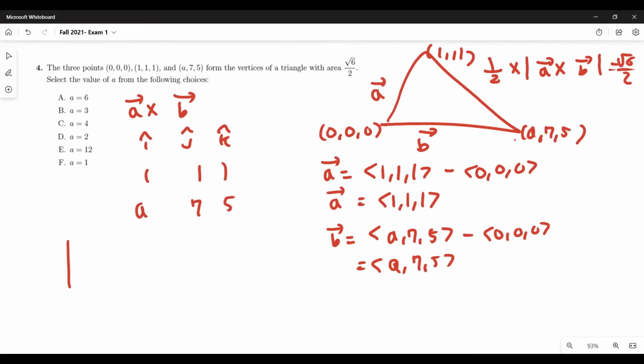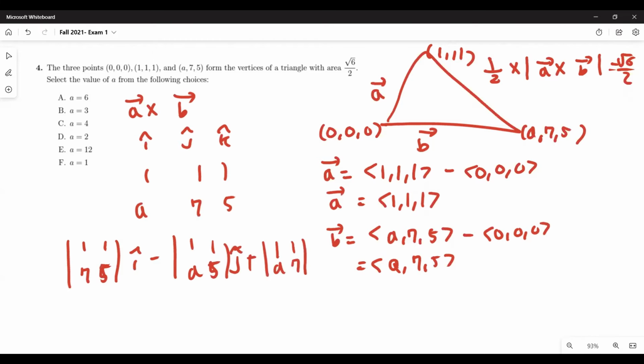If you find the determinant, it will be -2i minus (5 minus a)j plus (7 minus a)k.